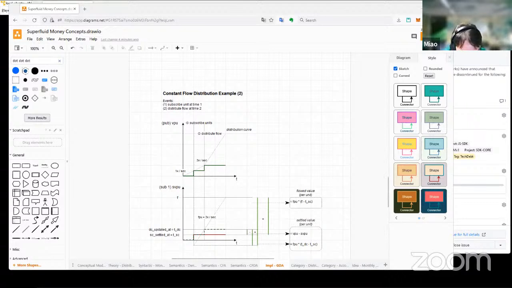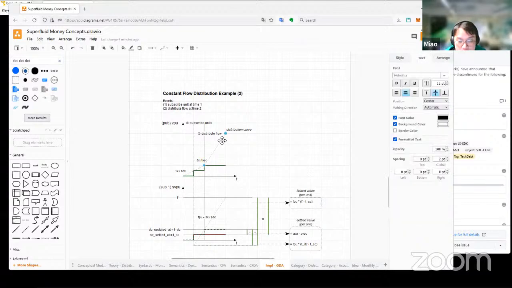CFDA is different to GDA, yeah. So CFDA is one case of GDA, let's say. GDA is about any type of distribution curve, right?